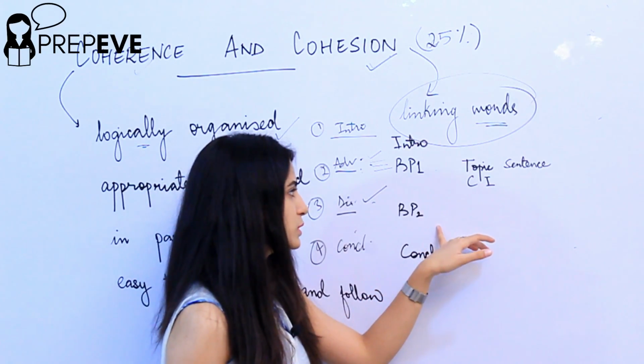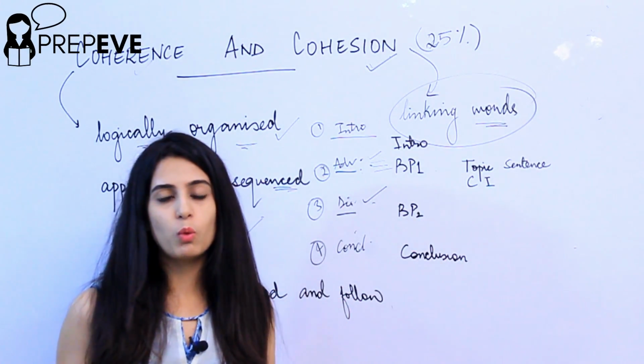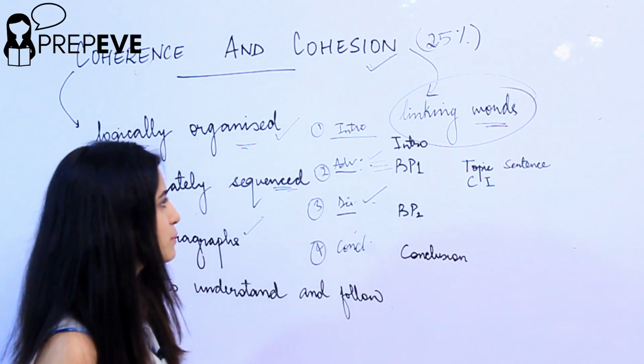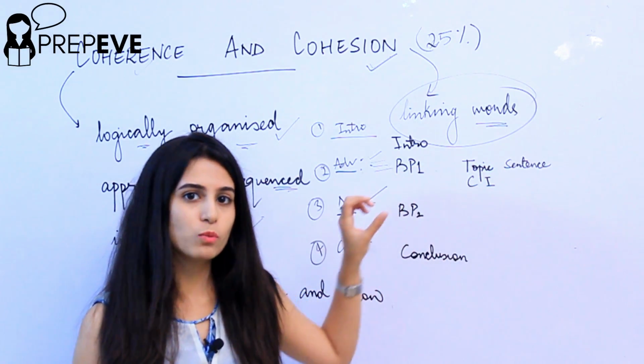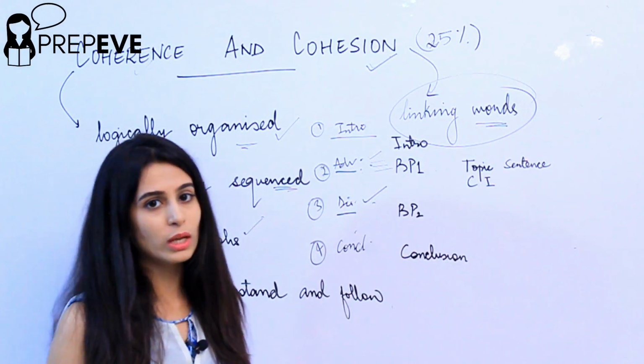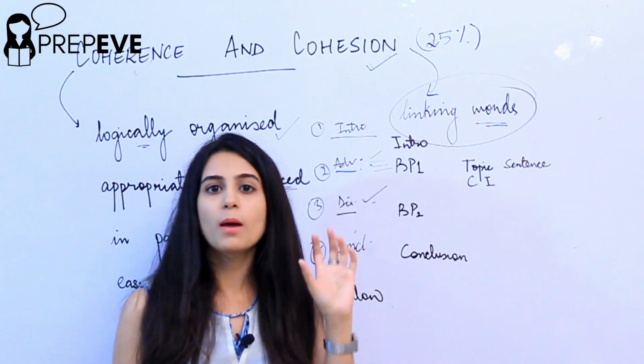Similarly, you do the same thing with your body paragraph 2. Yet again, somebody asked me in one of these sessions yesterday, "Ma'am, is it important to just write one idea in one paragraph and then we just have to elaborate it, or can we write 2 or 3 ideas in a single paragraph?"